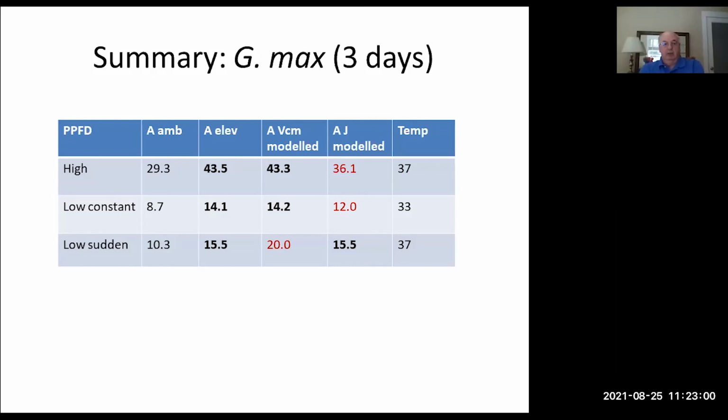So for a normal diurnal pattern, when light is slowly changing, then no matter whether the light is high or low, assimilation rate at high CO2 is limited by Vcmax, not by electron transport, even at low light. That changes when you get a drop because of clouds coming by.